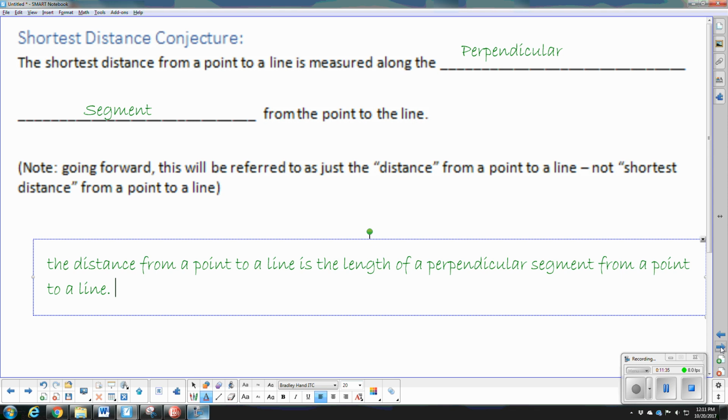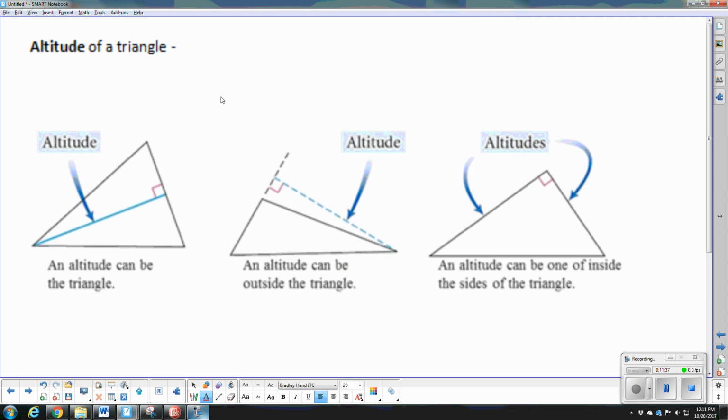So this is what we're going to use to measure our altitude. So the altitude of a triangle is the perpendicular segment from the vertex to the opposite side.